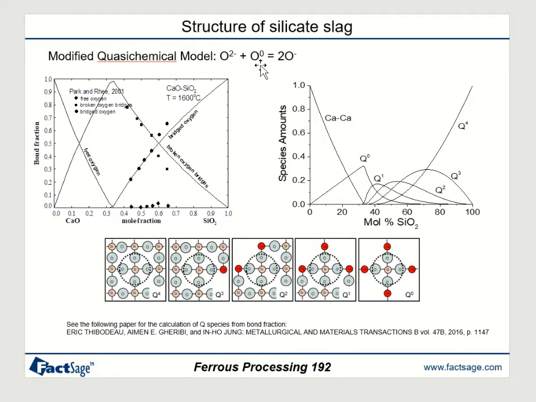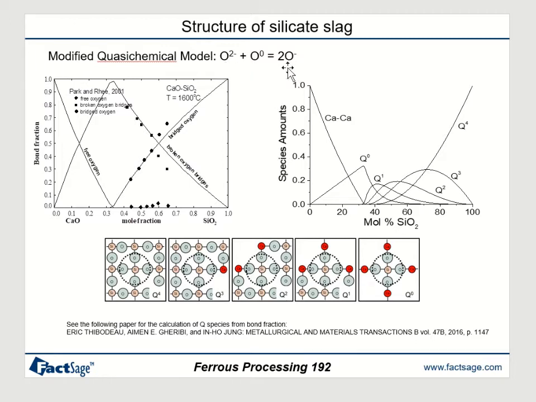For example, SiO2 has bridging oxygen, and if you add CaO, it brings in free oxygen, and by reacting the free oxygen with the bridging oxygen, it can produce broken oxygen. In this way, this chemical reaction can mimic the network breaking reaction of SiO2 by addition of CaO to the CaO-SiO2 slag.